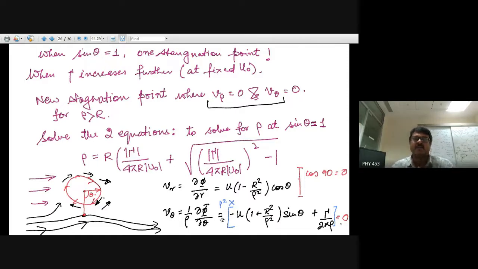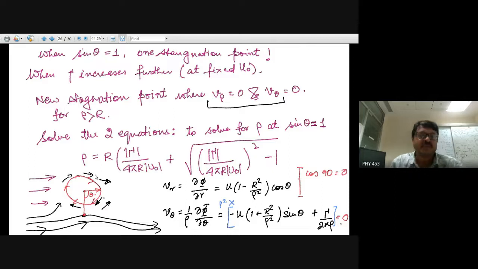So what you do is basically you multiply this entire equation, V theta equal to 0, by rho square, so that you get a quadratic equation. Here you will have rho square, a constant term with R square, and sine theta, where sine 90 is equal to 1, and from here you will have another term.